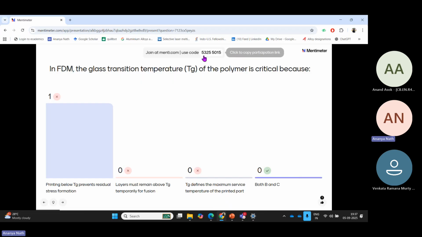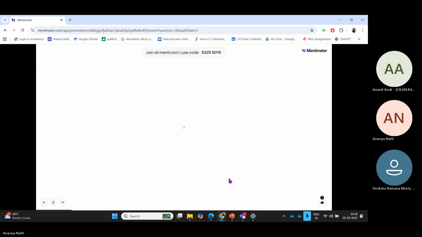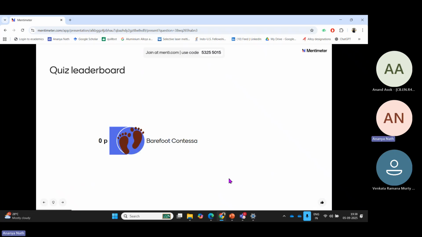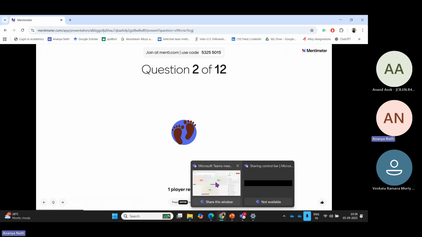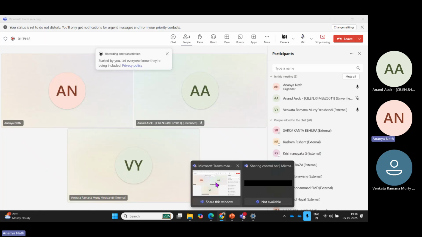You have to go to menti.com on your mobile phone, then use this code to join. It's a kind of game where if you mark the answer quickly, you get more points. It's a kind of fun game.